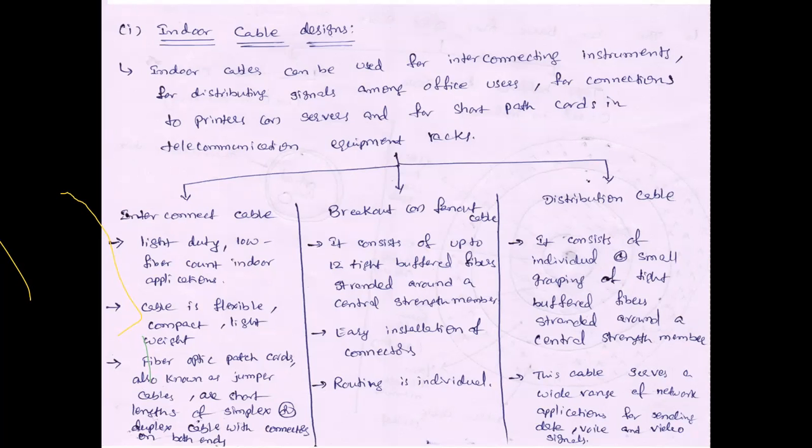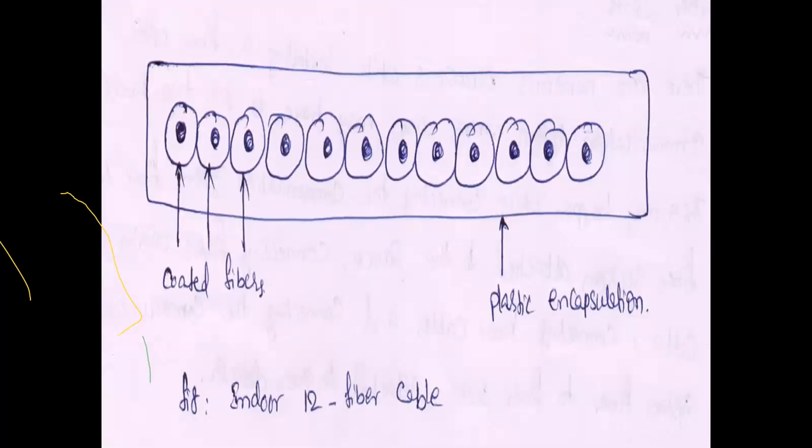This distribution cable serves a wide range of network applications for sending data, voice or video signals. Presently we are using distribution cables for optical fiber cable connections from our system to servers. Suppose we have a connection from our system to a Google server through optical fiber cable for sending or receiving data, voice and video signals.